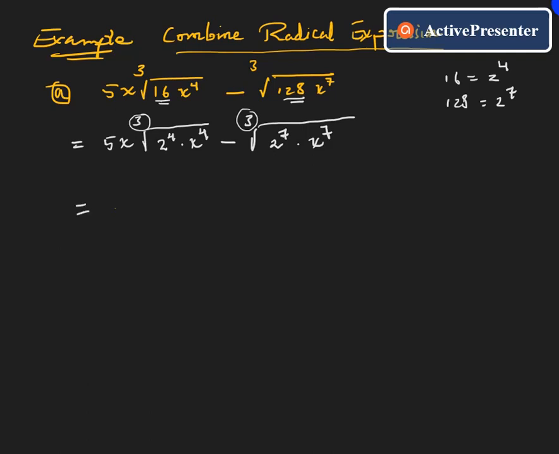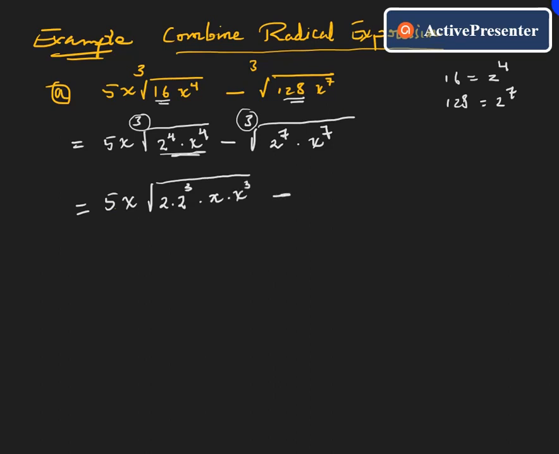So this will go down 5x, and we try to decompose what is inside here. 2 to the power 4 is 2 multiplied in 2 to the power 3. Also x to the power 4 is x multiplied in x to the power 3.